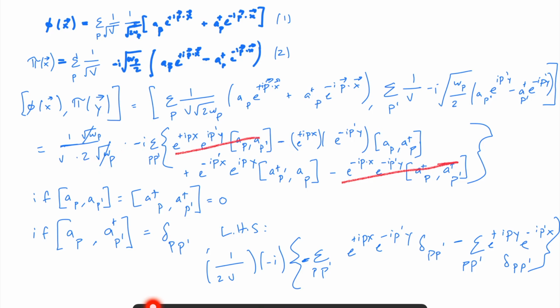This minus i stayed over there. This plus became minus because this commutator is minus this commutator over here. Whenever you reverse the order of the operators in the commutator, you get a minus sign. This is minus delta p p prime. So that's where that minus comes from. Sorry about that. So that's what I got so far for this expression.